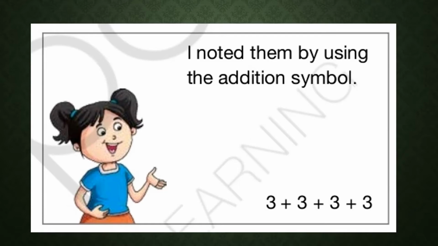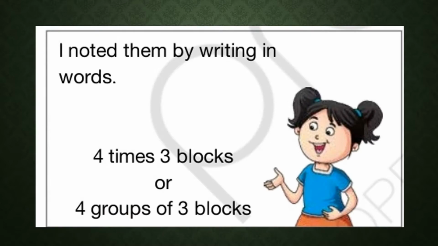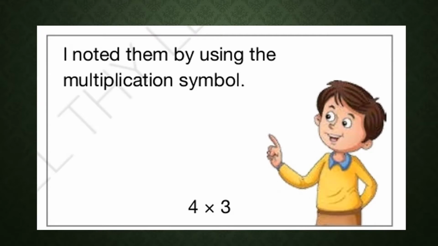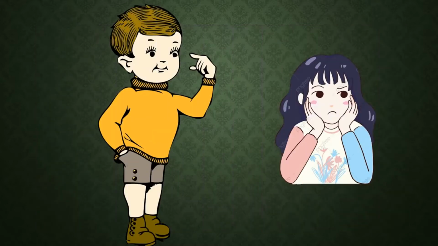In what other way did the girl represent 4 groups of 3 blocks? She represented as 4 times 3 blocks or 4 groups of 3 blocks. How did the second boy represent 4 groups of 3 blocks? He used multiplication symbol.